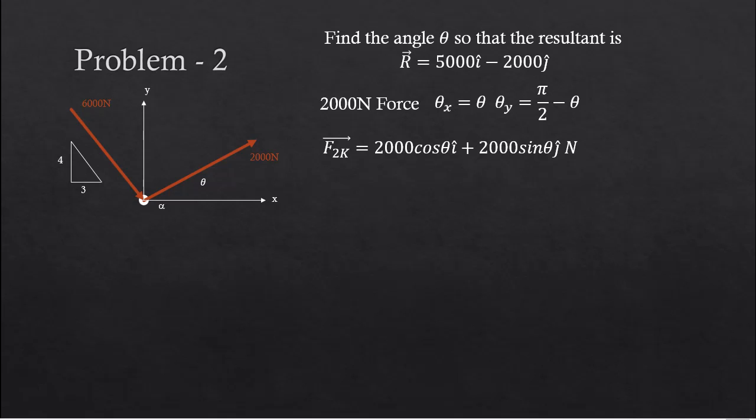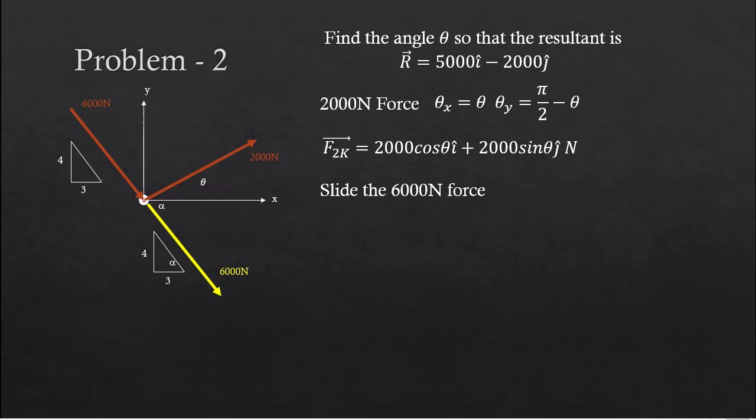The angle between the 2000 Newton force and the x-axis is theta, and the angle between the 2000 Newton force and the y-axis is pi by 2 minus theta. So we can write the 2000 Newton force in a vector form like this.